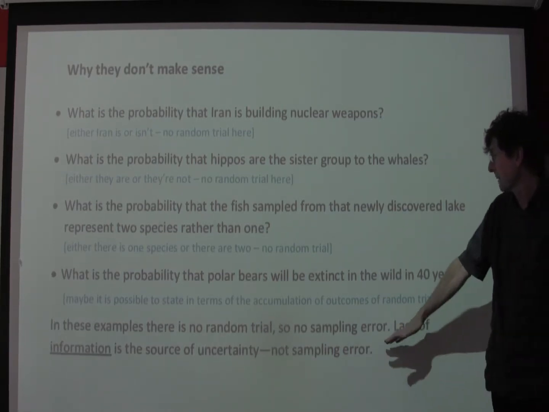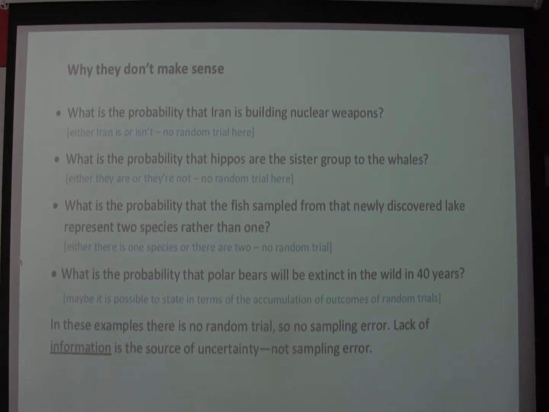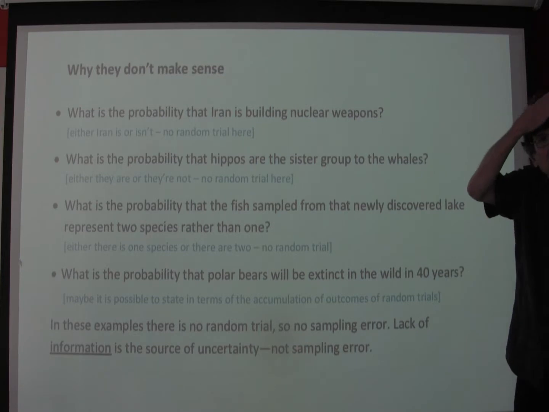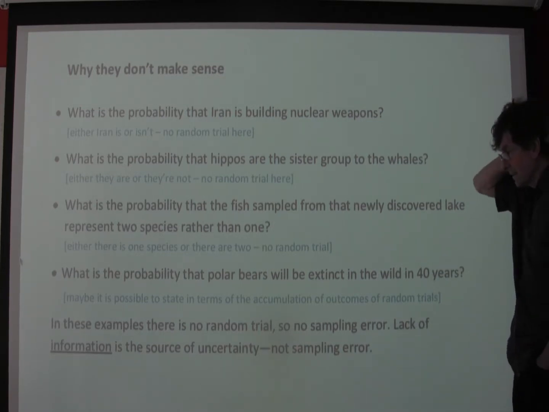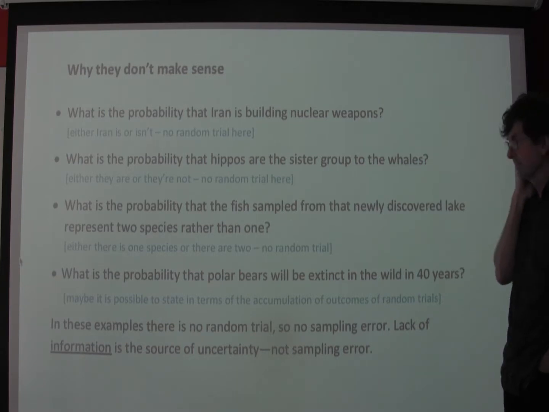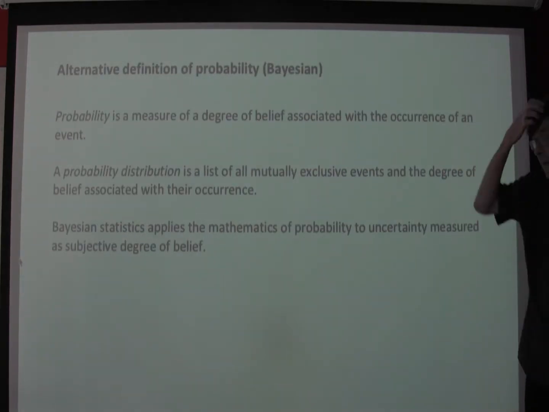But there's a big difference between all these cases and the cases I presented before, and that is there is no random trial, there's no sampling error. The source of uncertainty in this case is lack of information, not sampling error.